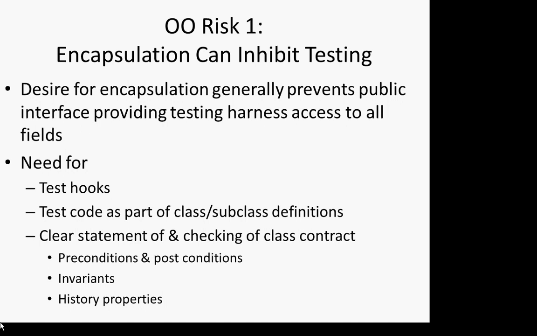So we build test methods into the class. That's a good practice. And we may have clear statements and methods to check the class contract, particularly things like invariants and history properties. We may want to build those in.